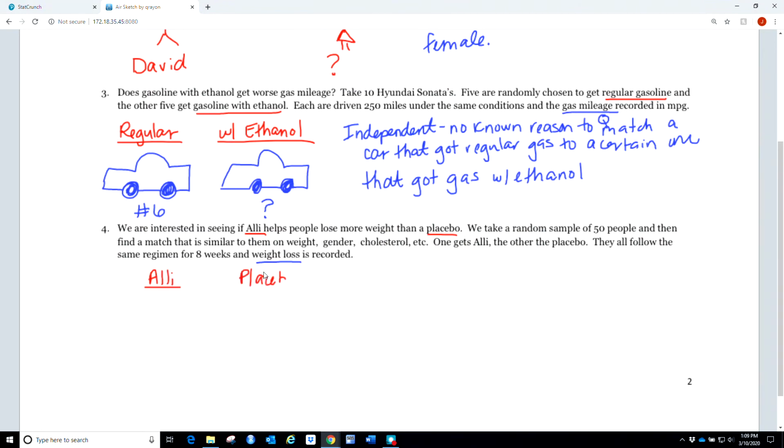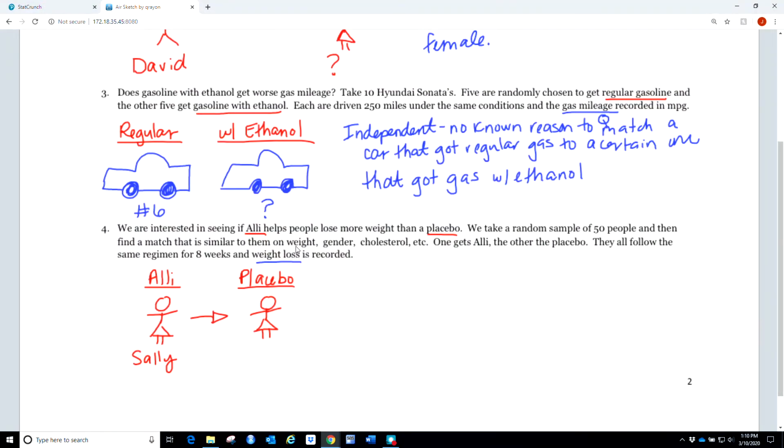So let's think through this sampling. Suppose that Sally is the name of one of the girls chosen, and she happens to get Alli. So now, because Sally got Alli, is there a certain person that has to get a placebo? Well, I know it's a woman as well, because we found someone that was the same gender here. Well, not just the same gender, right?